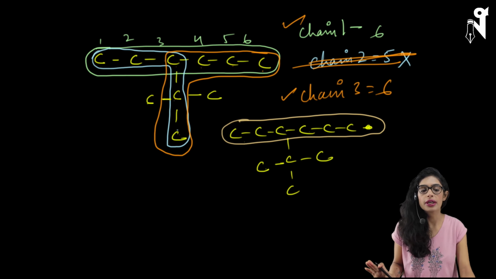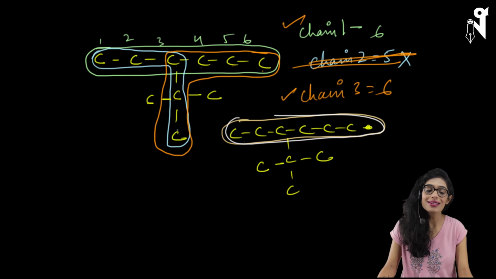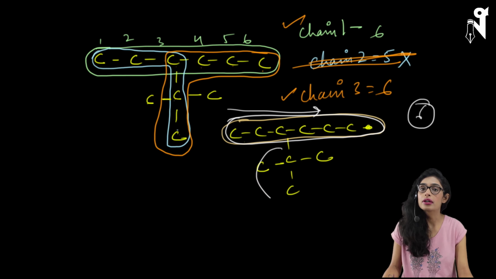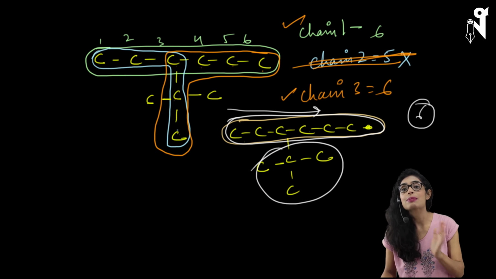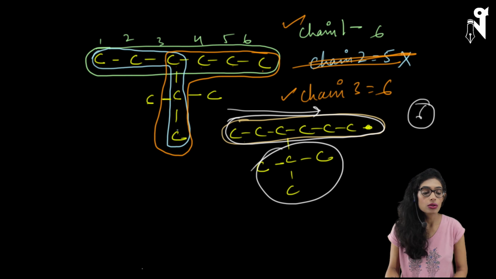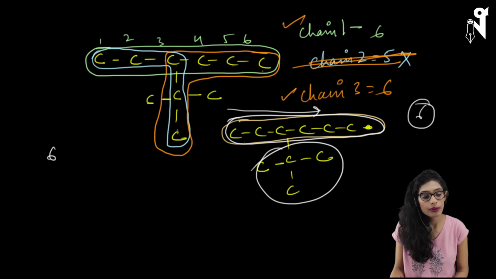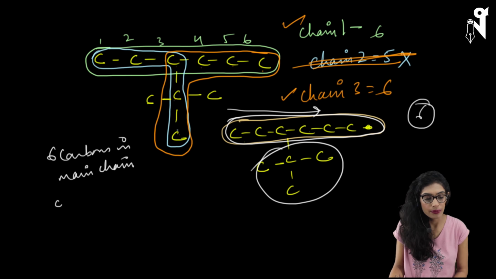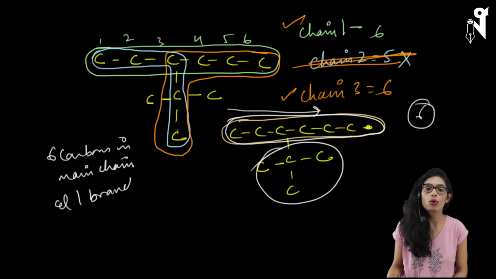It's not making any difference in the main chain anyway. So this is one way of marking the chain, and this is one straight chain. It has six carbons in it, and one substituent group over here. So six carbons in the main chain and one branch. This is what we are getting from this method.